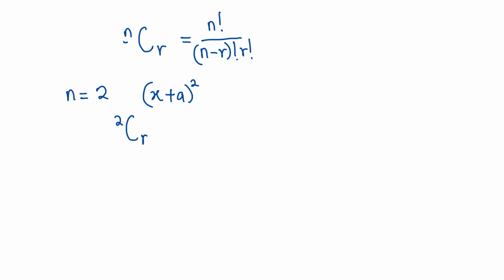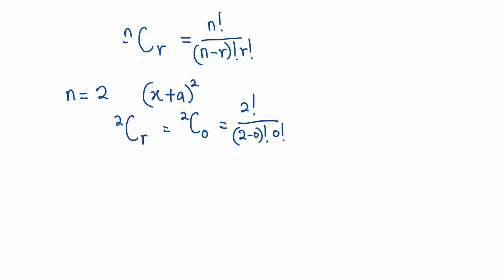For the first term of our expansion, r will be equal to 0. Remember that even with the Pascal triangle, we started at level 0. So in the first term, we will have 2 combination 0. And looking at the formula, that gives us 2 factorial divided by 2 minus 0 factorial times 0 factorial. 0 factorial equals 1.